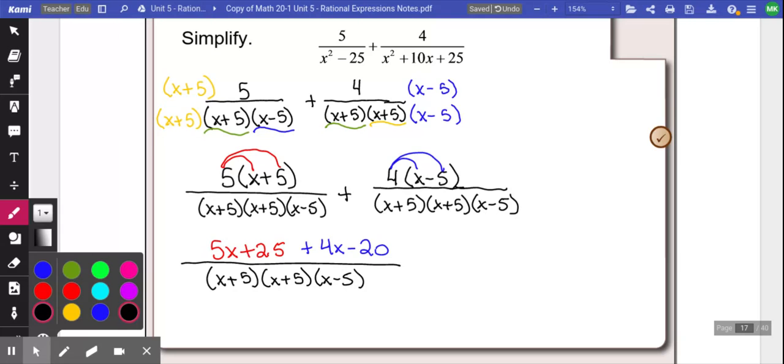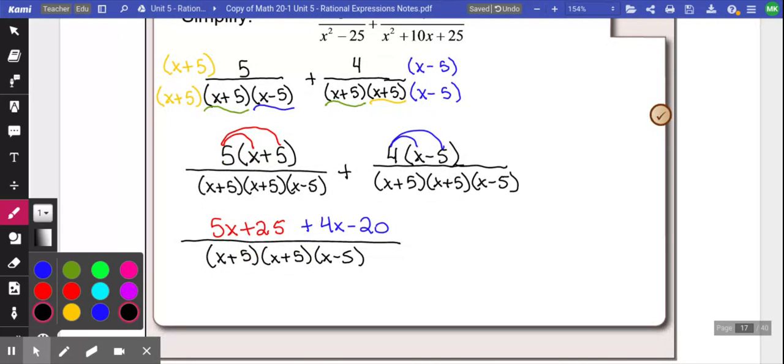You'll notice there's some like terms you can collect, right? The x's combine to just be 9x, and 25 minus 20 is plus 5, divided by x plus 5, x plus 5, x minus 5.